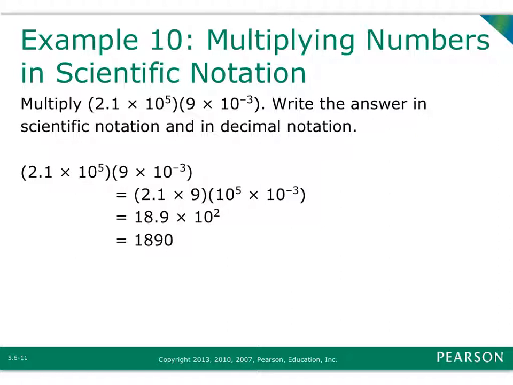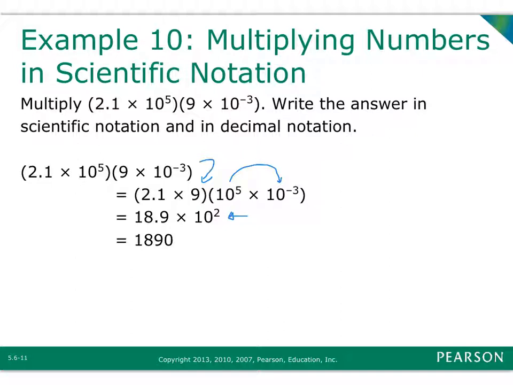When we do that, we rearrange the numbers. 2.1 times 9 is just 18.9. Now when we multiply the base 10 numbers, we can use the laws of exponents. We just add the exponents together, and we get 10 raised to the second power.